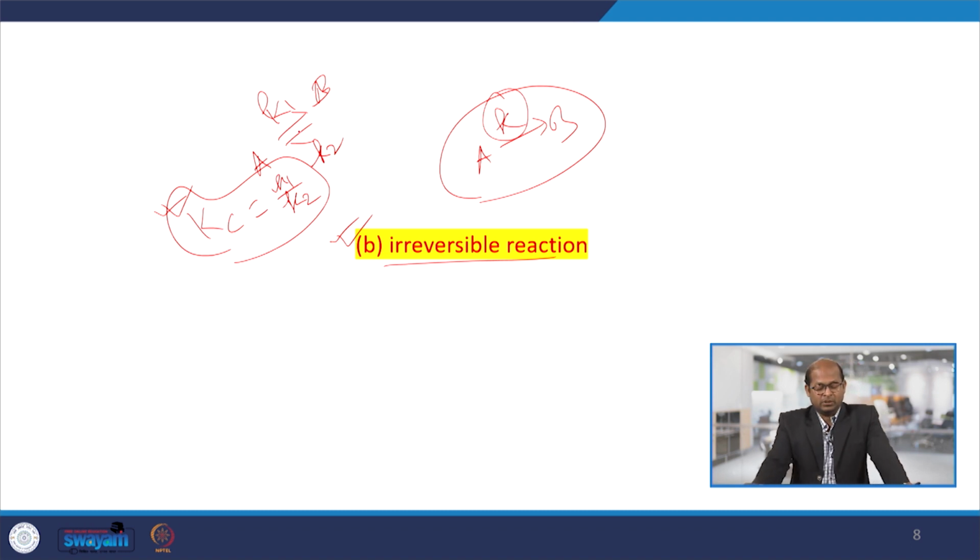If we operate these reactions inside a reactor under adiabatic operations for an irreversible reaction, what would be the energy balance lines and material balance lines, and what would be the equilibrium conversions for that case, that we will discuss.